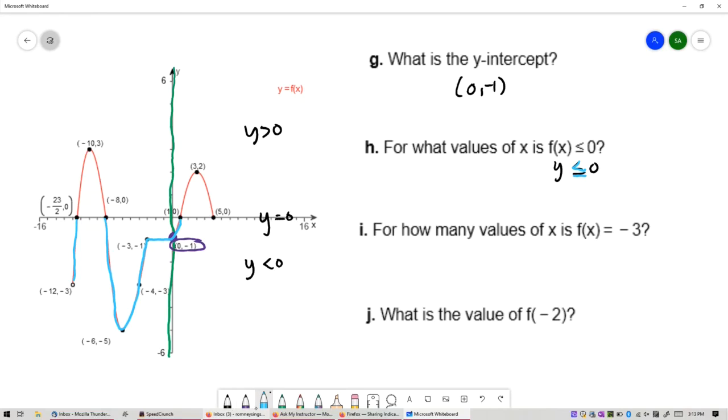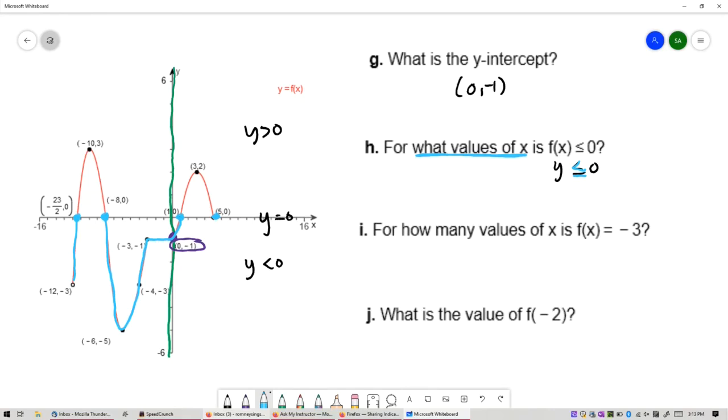And then we have some points that are on the x-axis. That's these points here that we want to include. And I want to know what values of x. So I want to write down, using interval notation, x values.